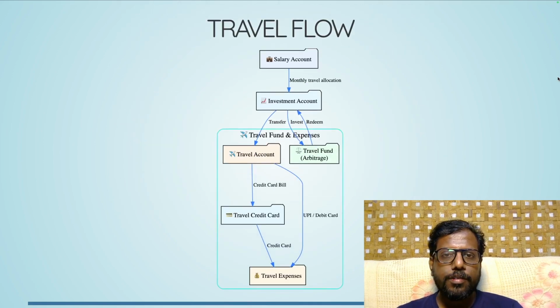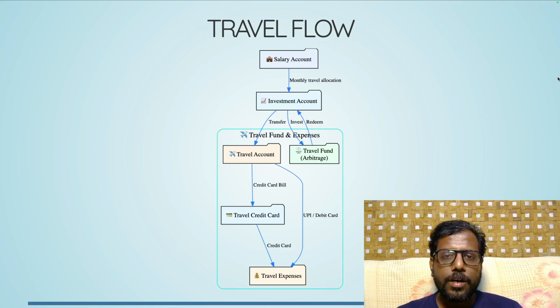So this is how the travel flow works, right? Money flows in from the salary account into an investment account, and it flows into the travel fund monthly. And at the end of the cycle, we redeem that back into the investment account, and from there it flows into the travel account, from which it is spent either via credit card or directly from the account, right?